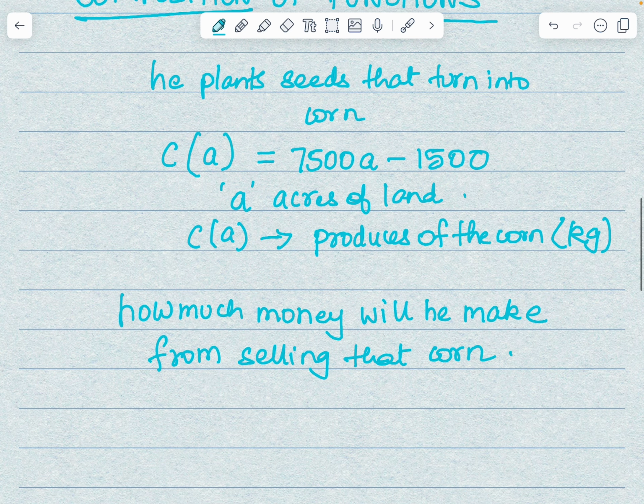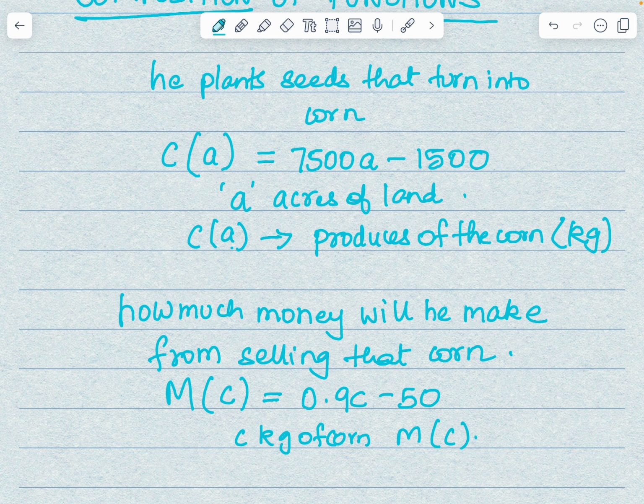So then he finds out that this is the equation, where m is money, which is a function of the corn that he will sell, that's why the C. Same thing here, how much corn you're producing is a function of the acres of land you plant the corn on. So if he produces C kilograms of corn and he puts that value into the equation, m of C represents how much money he makes.